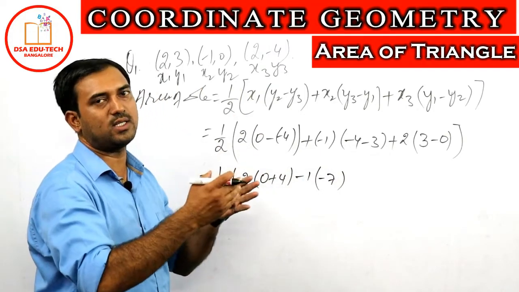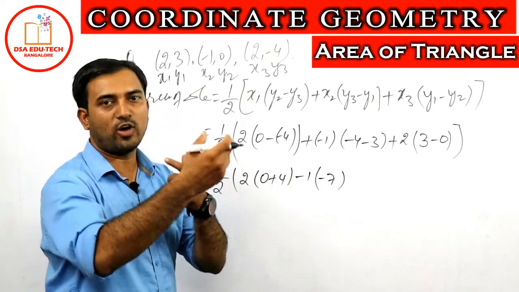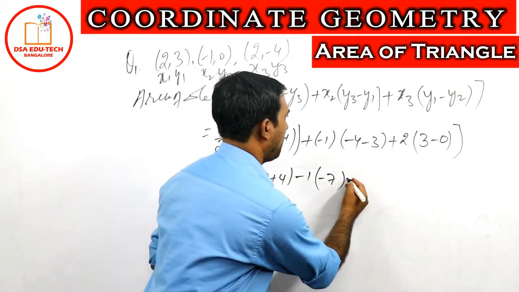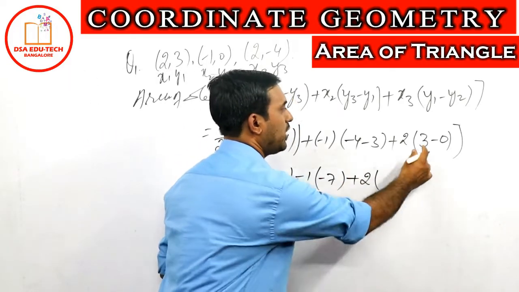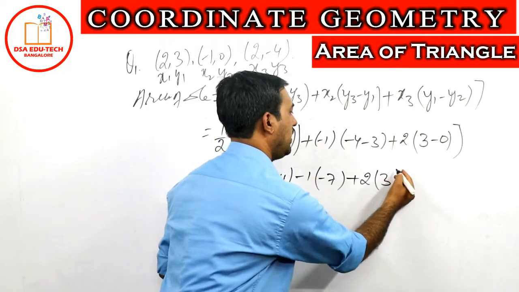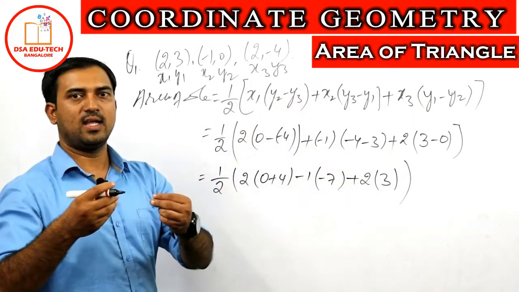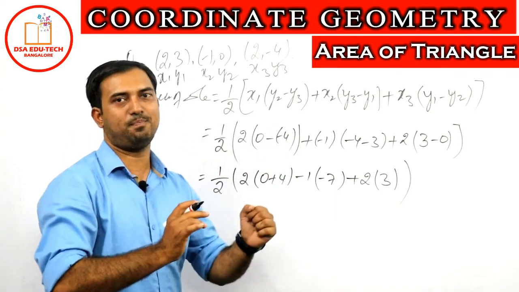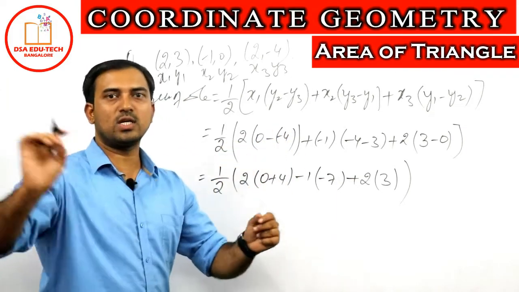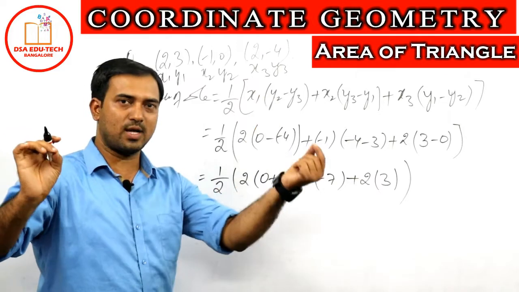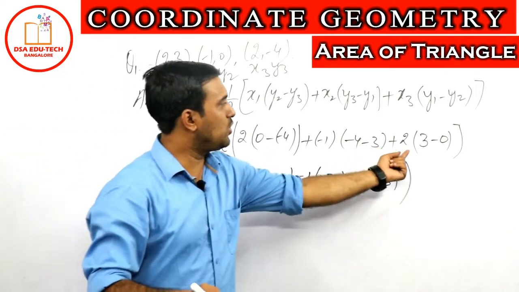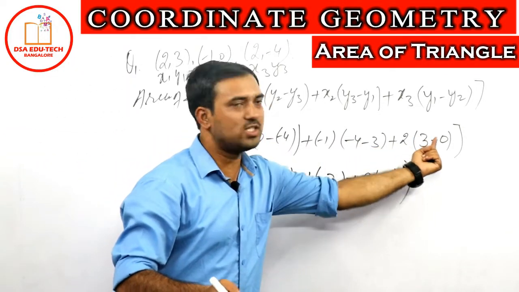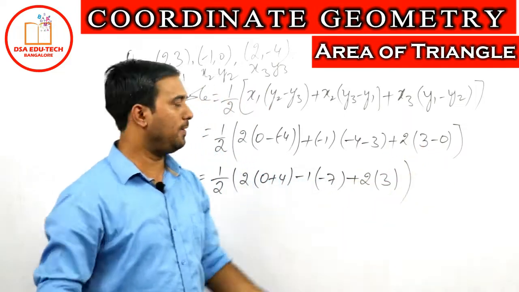So we have to solve inside the bracket first. Plus 2 into 3 minus 0 is 3 only. If you add 100 times 0 to any number, the number will remain the same. If you subtract 1000 times 0 from a number, the number will remain unchanged. So 3 minus 0 is 3 only.